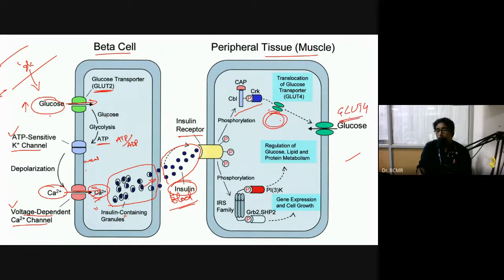This is GLUT4 here, and in the beta cell it is a different glucose transporter, GLUT2. So the vesicles will fuse with the cell membrane, and now they will take up glucose.